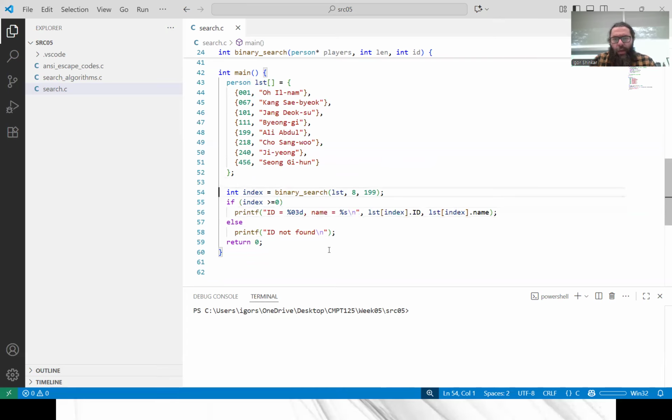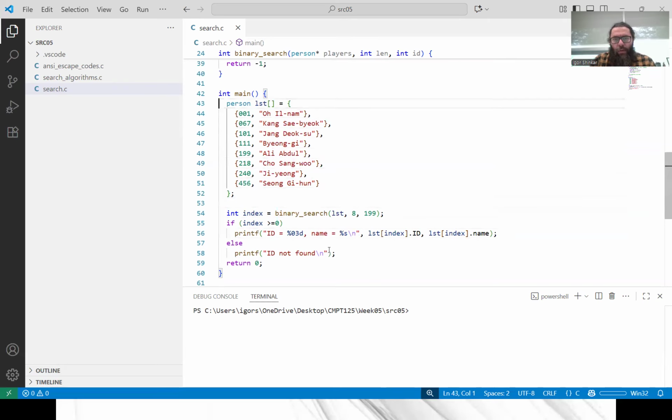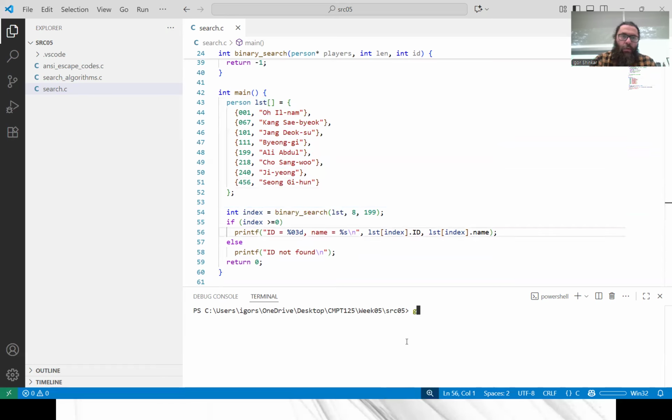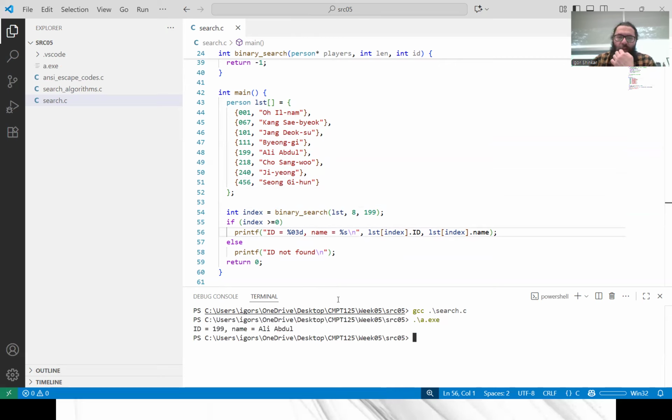And here I have the list of people, and we run the binary search. When we run it, we get a list of length 8 and 199, Ali Abdul.